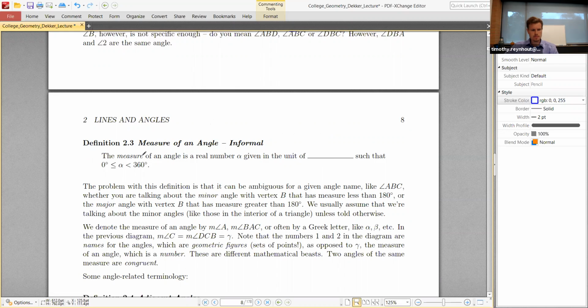Okay, so the measure of an angle is a real number alpha, a Greek letter alpha, given in the unit of degrees, such that that number is between 0 and 360, where we're allowing it to be equal to 0, but not equal to 360. So greater than or equal to 0, strictly less than 360.